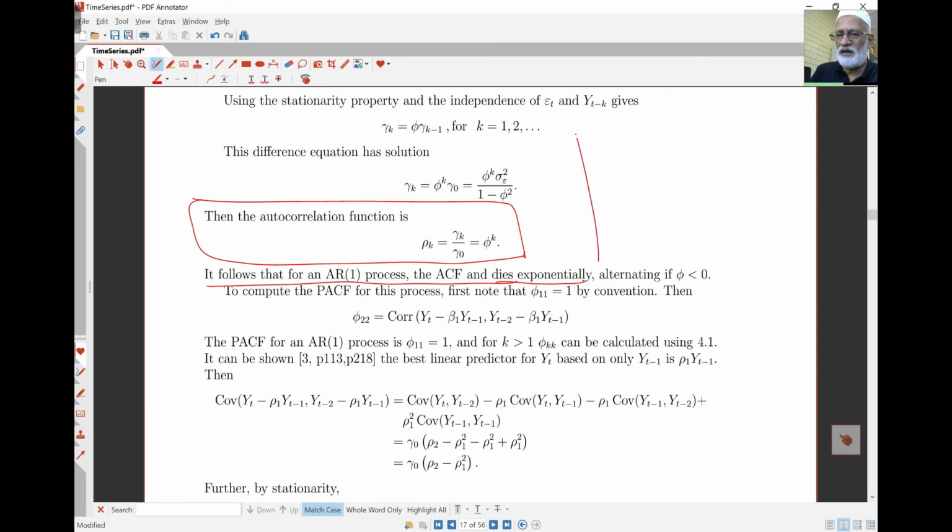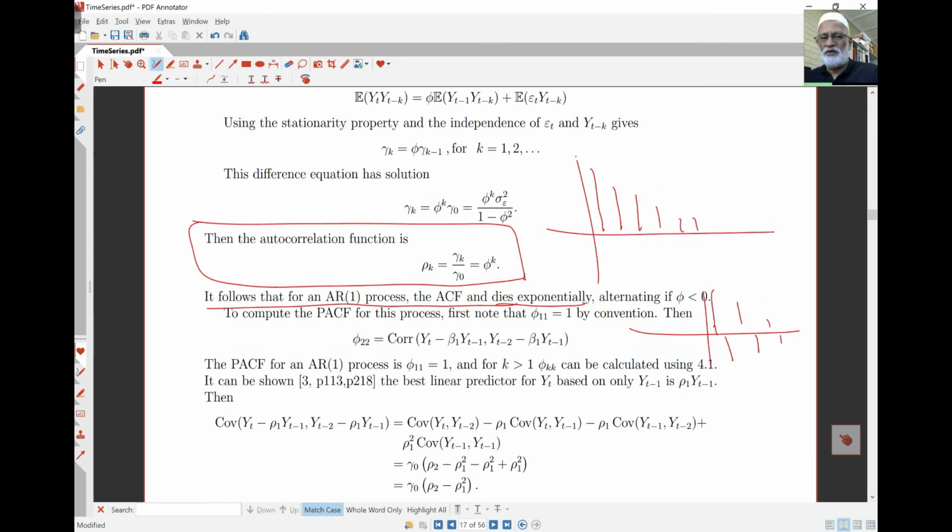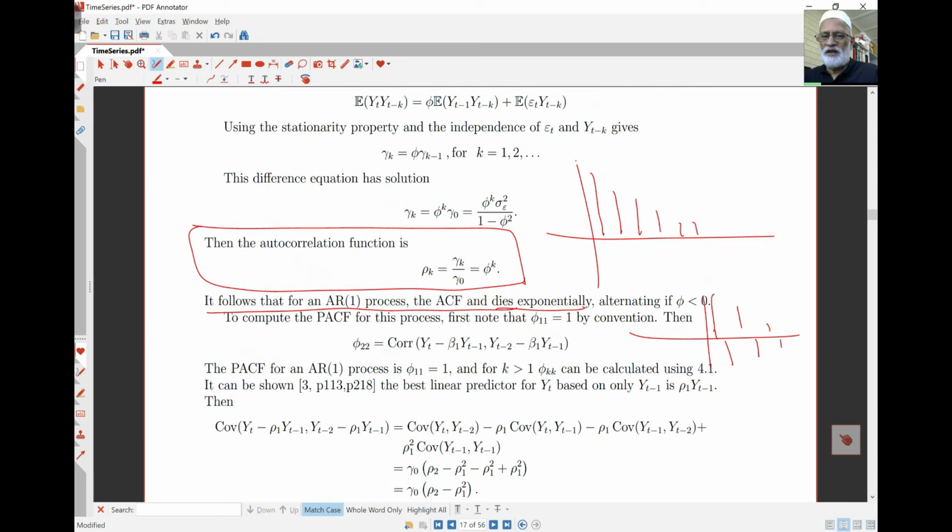So the kind of thing I'm looking at is this. If it's positive, it will be dying down slowly this way. If it's negative, then similarly, it will still be reducing, but alternating. Yeah, that's what's going to happen there. So that gives us the form of the autocorrelation function for the autoregressive processes.